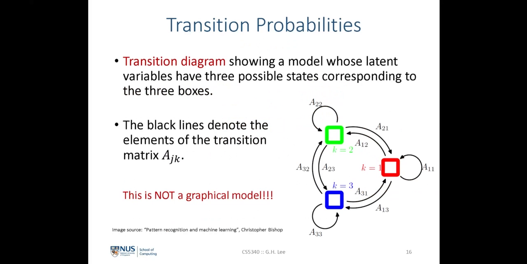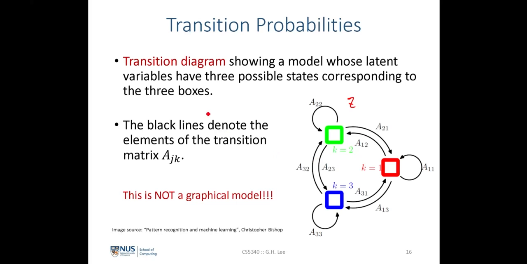We can also visualize the state transition matrix, or the transition probabilities, using what we call the transition diagram, as shown in this figure. Each square represents Z taking a certain state: k equals 1, k equals 2, or k equals 3.